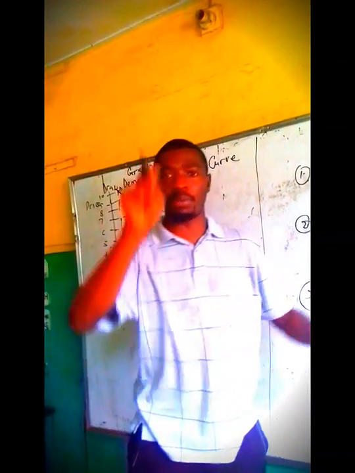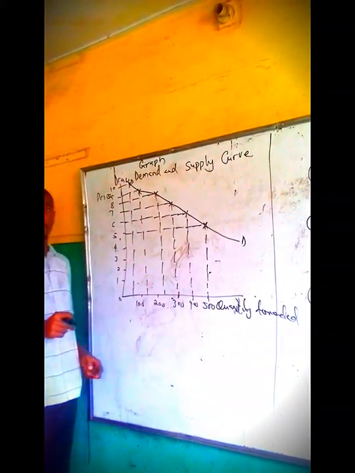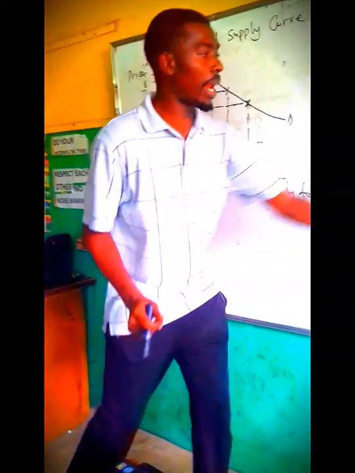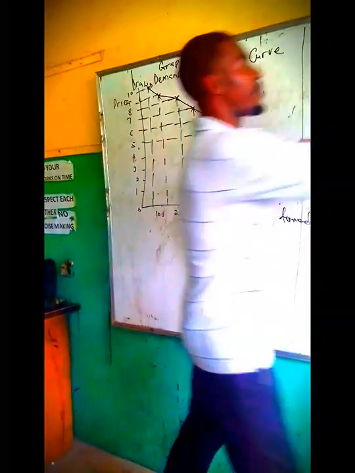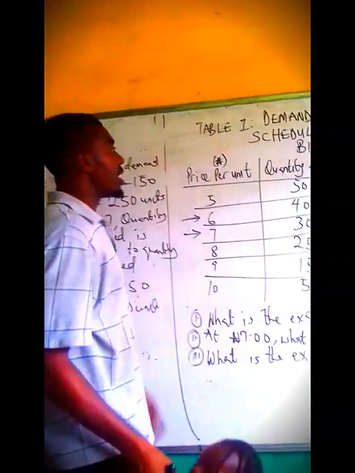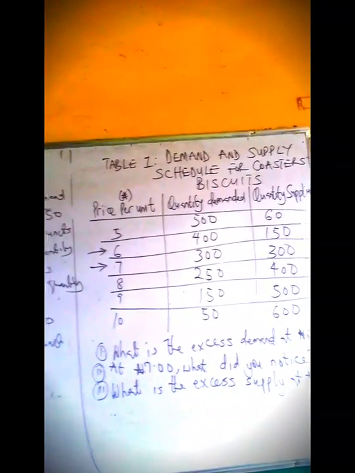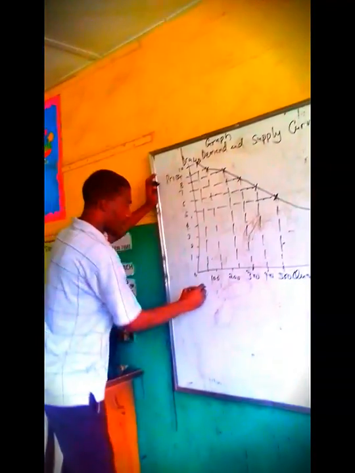From that table, I want to draw the supply curve. We are making use of price and quantity supplied. Don't forget, the graph shows the relationship between two variables.